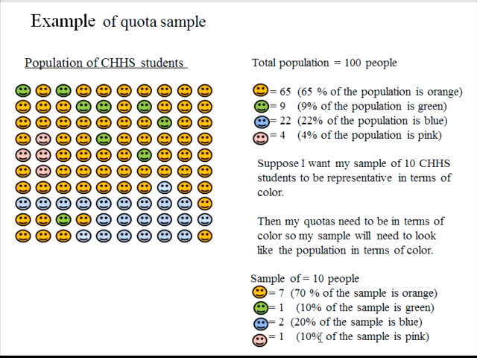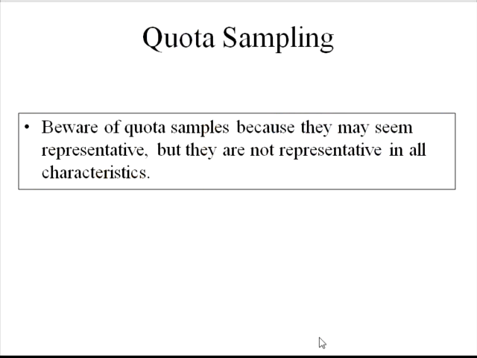So I'm using a convenience sample, let's say, based on color, and that's what makes it non-probability. And you need to be aware of this because they may seem representative. Some quota samples are representative in terms of several observable characteristics, but it is the unobservable characteristics that make it biased.